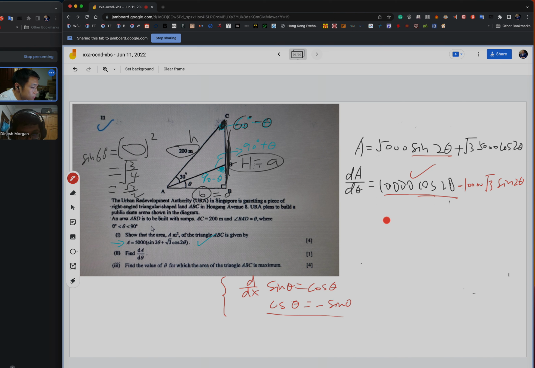Then you need to solve this by doing what? Equate to 0 for the maximum, right? So in a way, you can take out the 10,000. So you have cosine 2 theta and minus this. So you divide by 10,000. Then move this whole thing over, so it becomes plus.